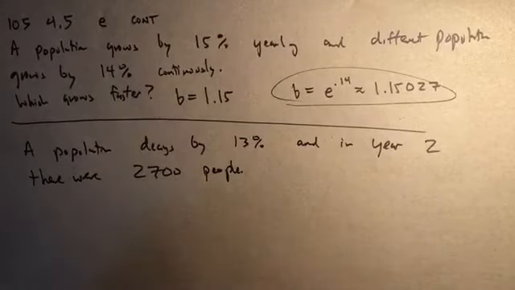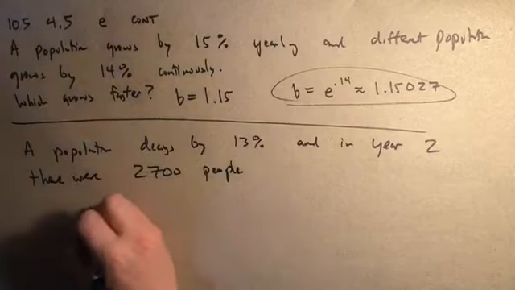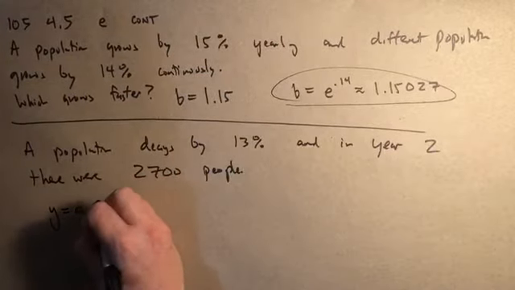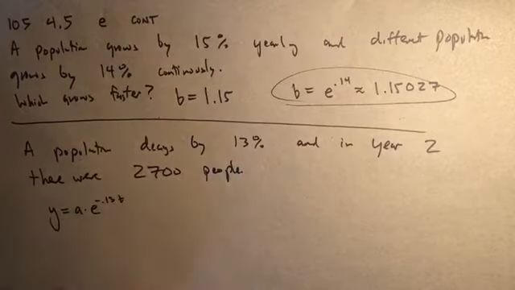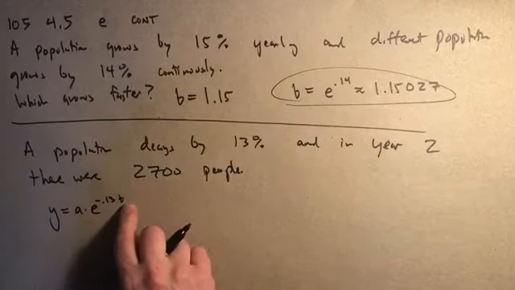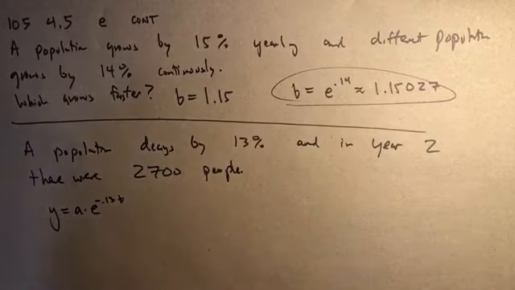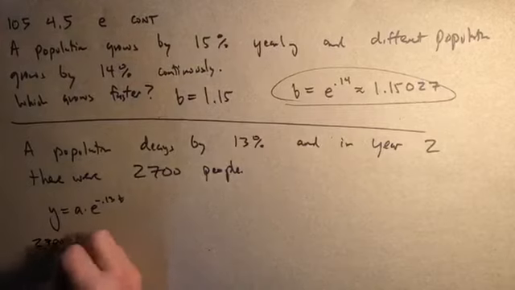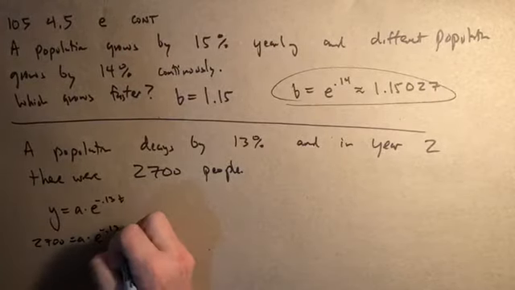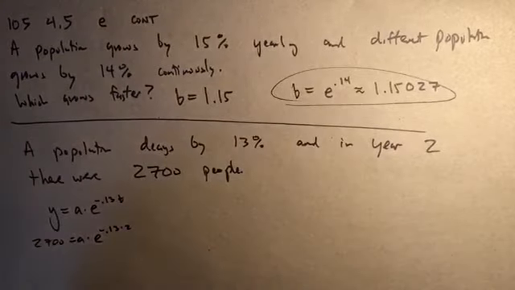So what we can do is certainly set up that y is equal to a e to the negative 0.13t. And I know that many of you are solving for a by plugging 2 in for t and plugging 2,700 in for y, times 2, and you're solving, yes?